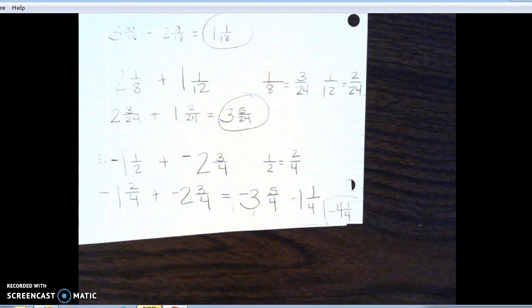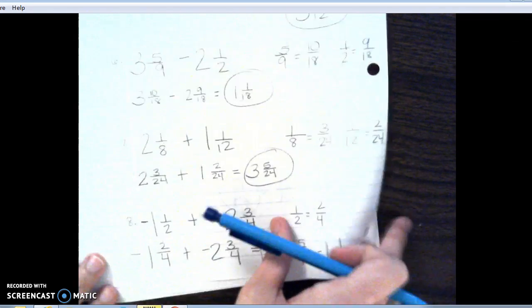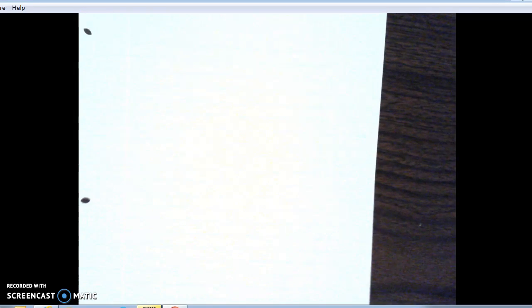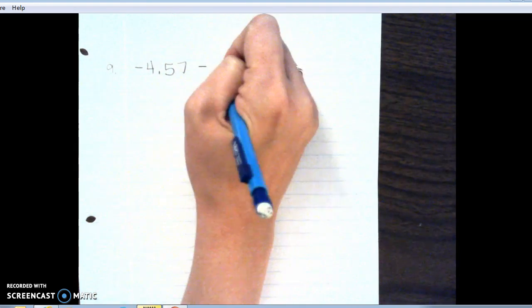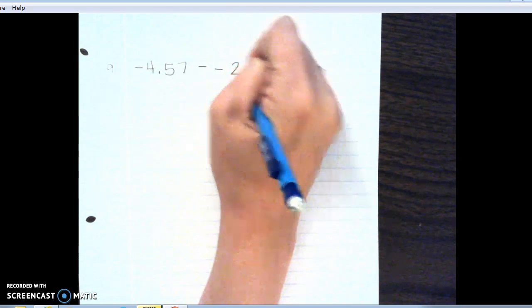Okay. On the next section, last section, we are going to do some combination problems. So this is number 9. We're going to do negative 4 and 57/100 minus negative 2 and 3/10.